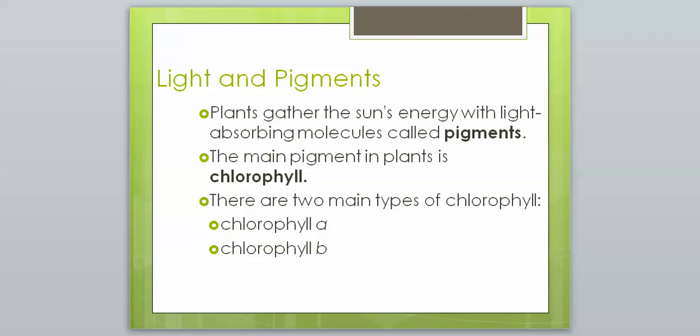Plants gather the sun's energy with light absorbing molecules called pigments. The main pigment in plants is chlorophyll. And there are two types of chlorophyll, chlorophyll A and chlorophyll B. We don't really need to know the difference between the two, just know the fact that there are two different types. So chlorophyll A and chlorophyll B are going to be used to absorb the sun's energy.